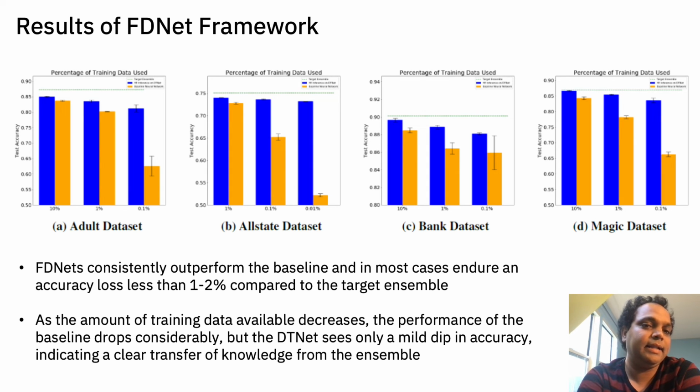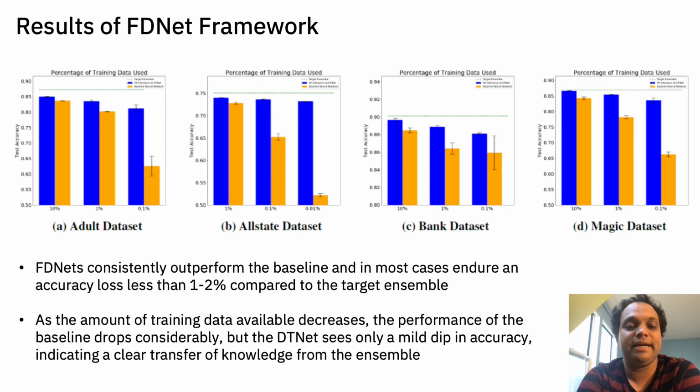Okay, and then there are 2 bars here, the blue bar and the orange bar, which show the performance of 2 different types of models. So the blue bar represents the performance of a model trained by our approach, and the orange bar is trained by a simple neural network of similar structure, but with only whatever training data is available.